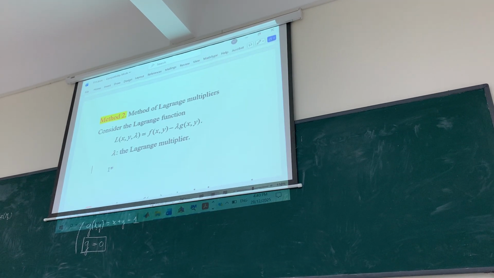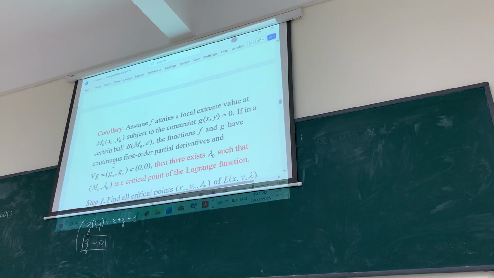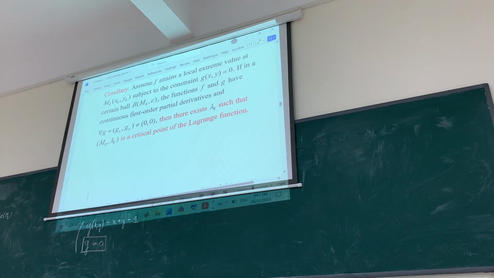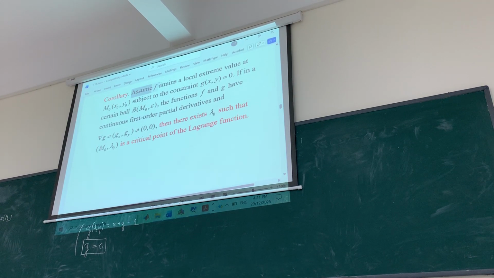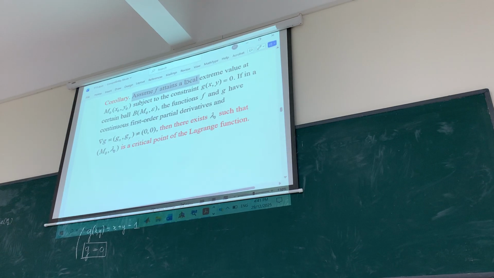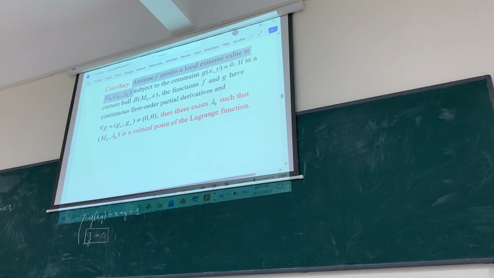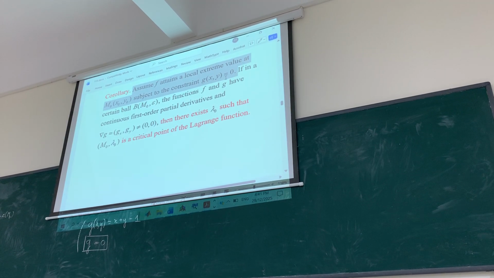Okay, continue. We have the property. You can write out. Assume the function f obtains a local extreme value at the point m0, subject to the condition z equals 0.